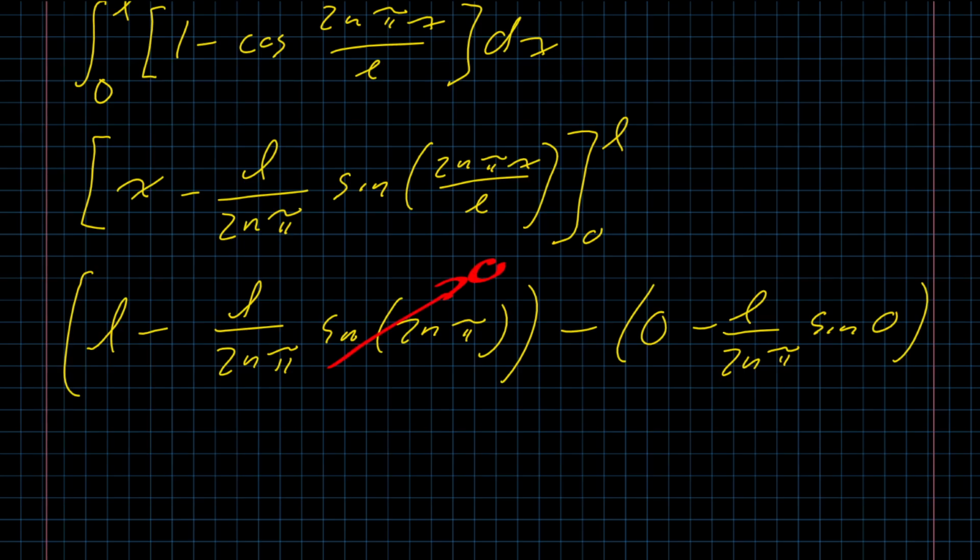That's still 0. Any integer multiple of pi, sine of that angle is 0. Sine of 0 is also still 0, so we've got 0, 0, 0, but this is not. So we end up with L.